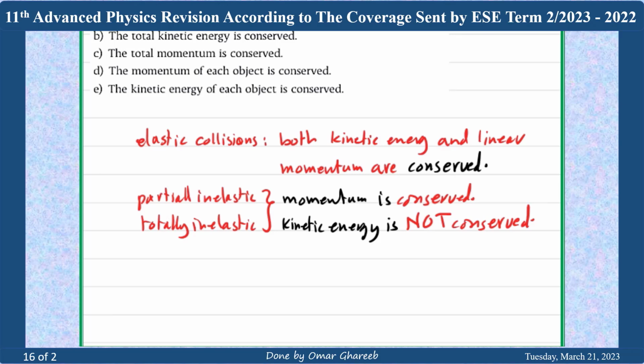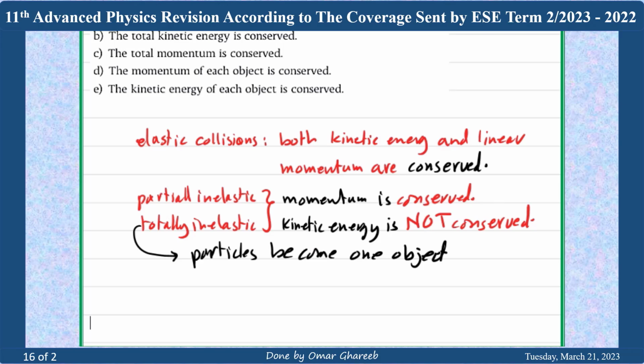What is the difference between partially inelastic and totally inelastic? Totally inelastic means the particles become one object.